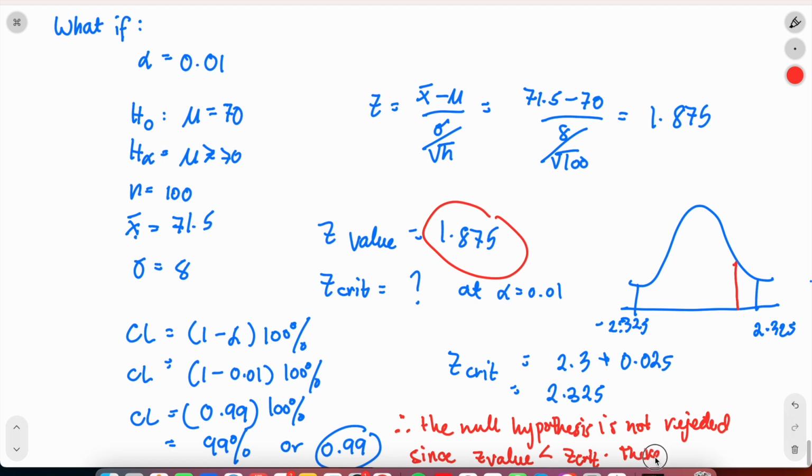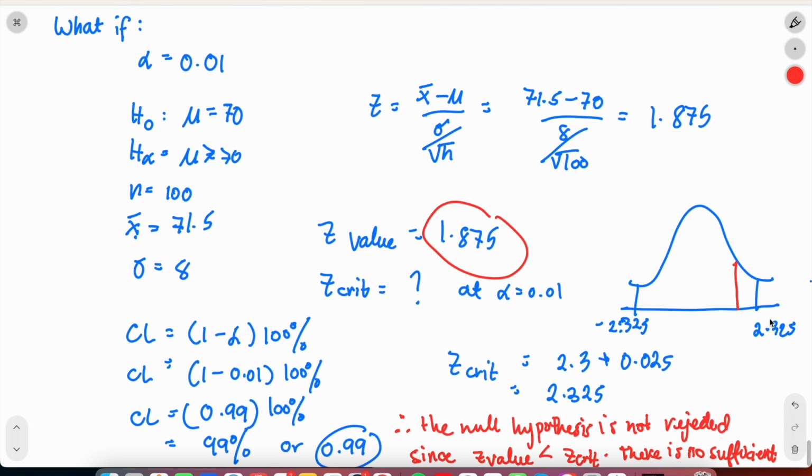There is no sufficient evidence to conclude that mu is greater than 70.